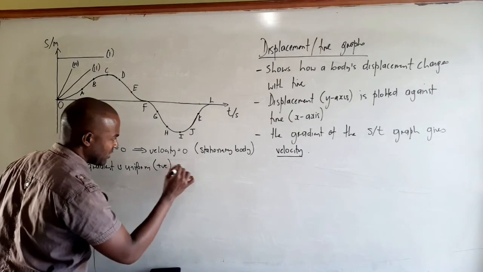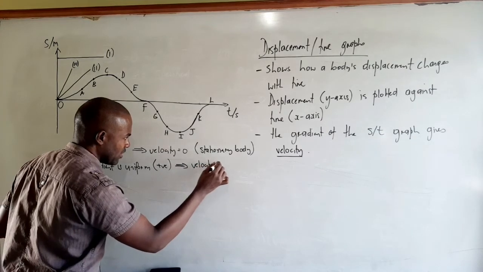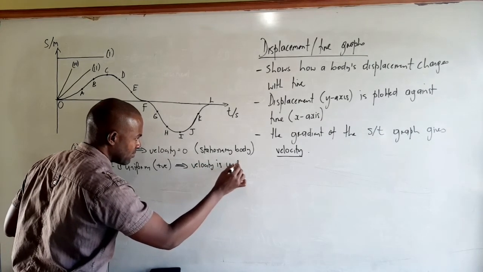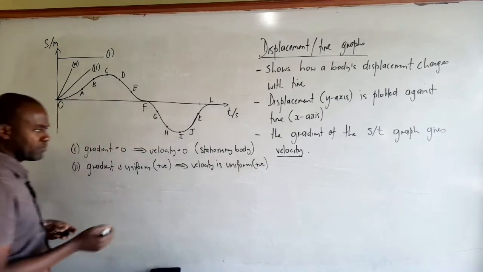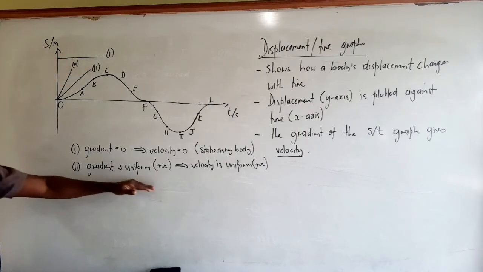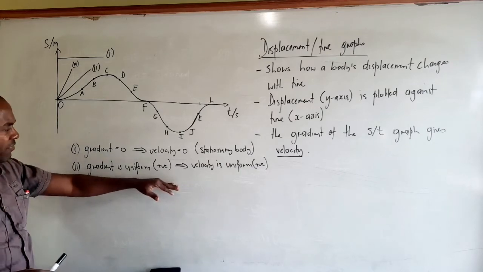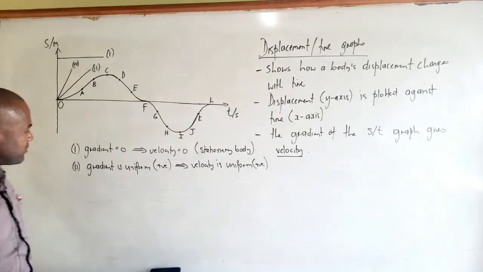And this tells us that the velocity is uniform and also positive. So for graph 2, the displacement increases steadily with time, the gradient is uniform and positive, and this means that the velocity is uniform and positive.